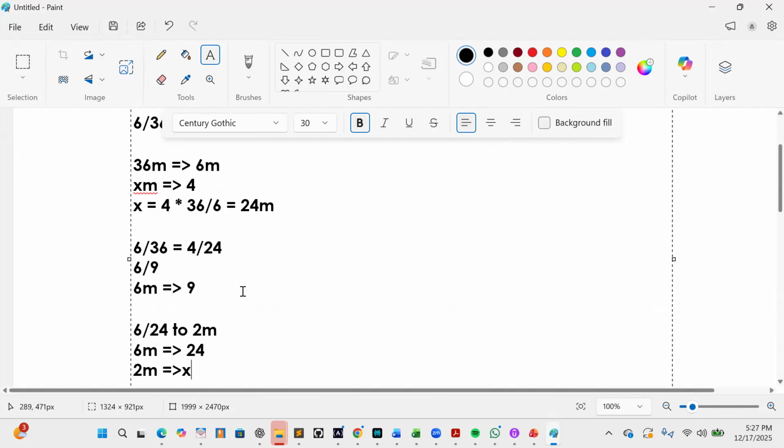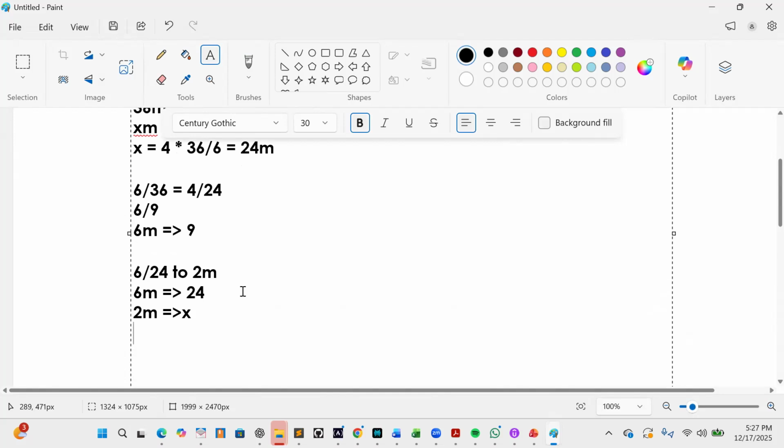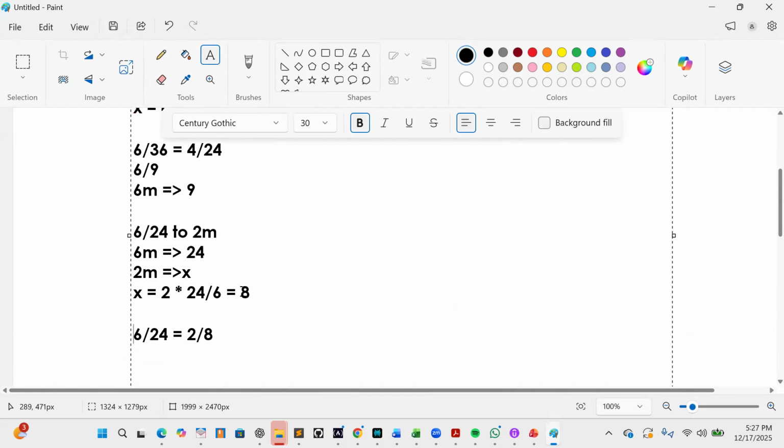How long can that person be? So x will now be equal to 2 times 24 divided by 6, and that will be 8. And so 6/24 is equal to 2/8.